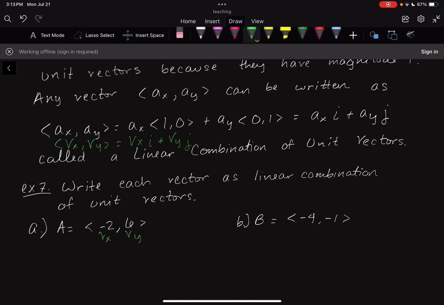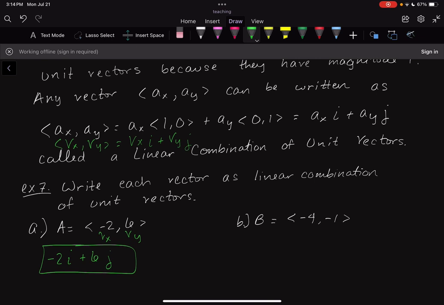So here we're being given vx and vy. So it's going to be -2i plus 6j. And that's it. So it's just instead of using the brackets and the comma, you're writing it in a different way with i and j.